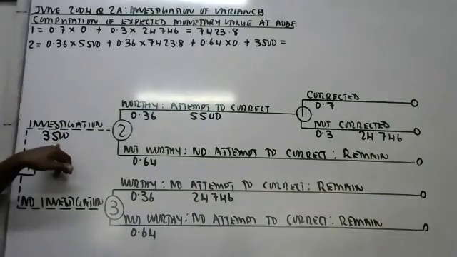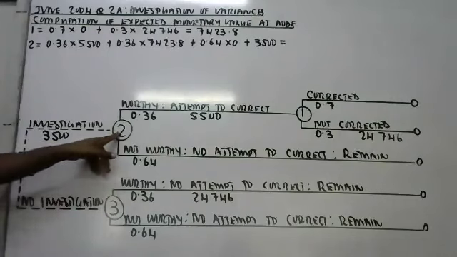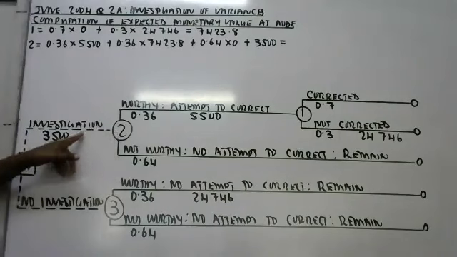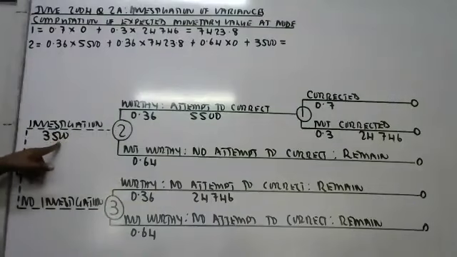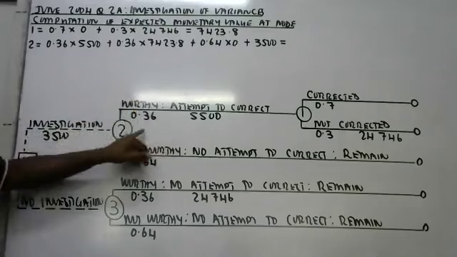Because this is discussing the option of investigation, and this option has this cost. So this cost is certain. It has no probability because it's an option. These are outcomes. They have probabilities.